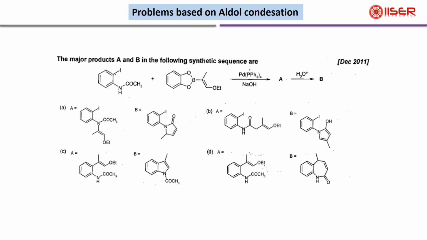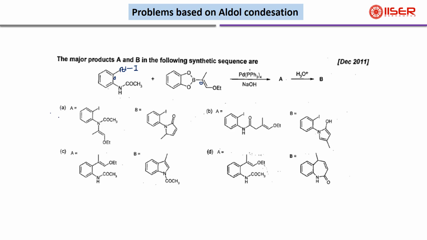First there is a carbon halogen bond, so with palladium, palladium will insert into this carbon halogen bond, forming a PdX complex. After that, this carbon center will combine with this carbon center, forming this as our product.